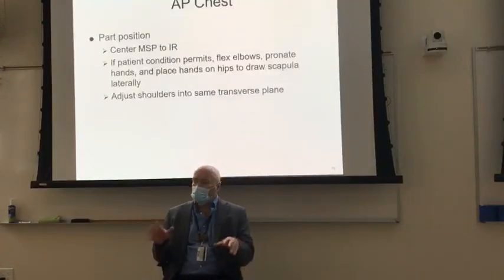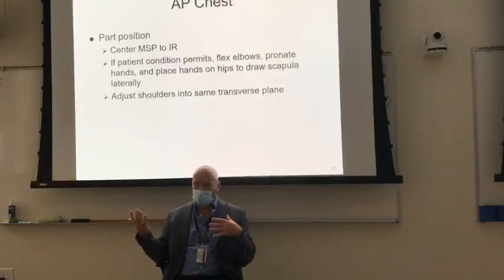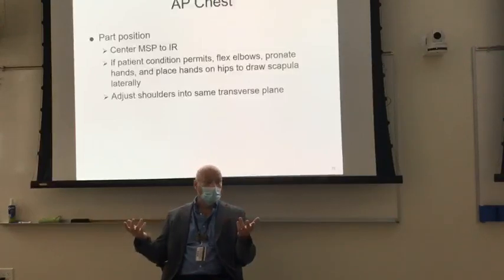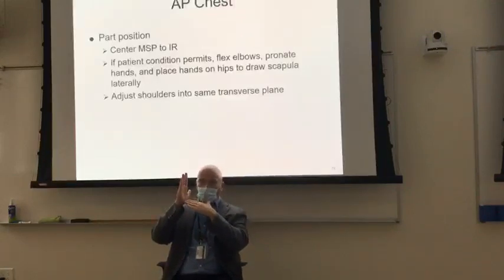Now, what you might want to do before you get the patient all the way up, remember most of these patients are gonna be sick, most of these patients are gonna be older patients. So, all y'all are young. What you're gonna find the older you get is the stiffer you get. All right, so you get an 80-year-old patient sitting at an angle like that, and good luck getting the image receptor behind them.